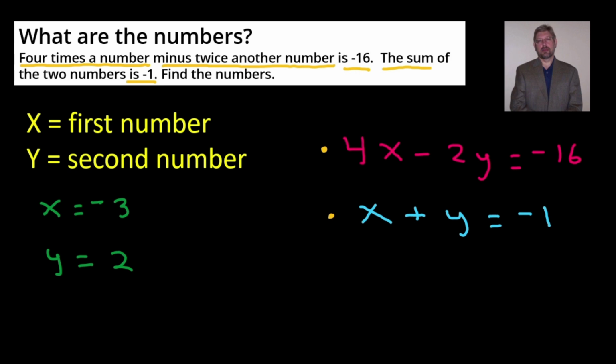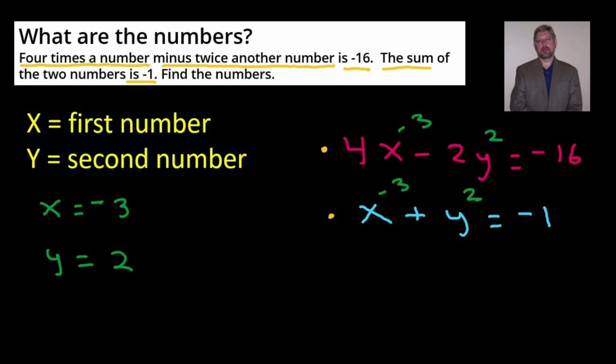Now, to make sure that we got the right answer, all we have to do is substitute negative 3 for x and 2 for y into both equations and see if they make the equations true. So I'm going to plug in negative 3 there and 2 for y, and of course negative 3 for this x and 2 for that y.